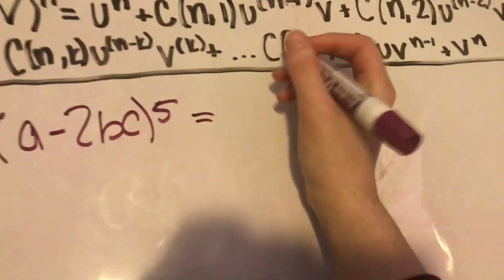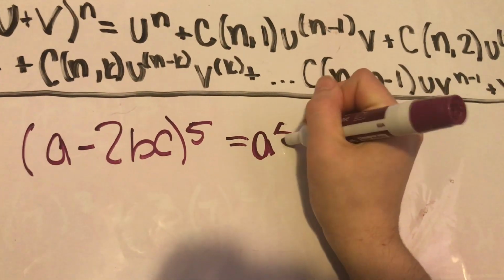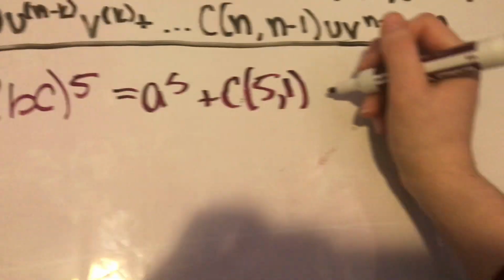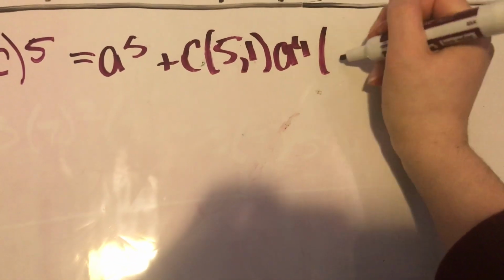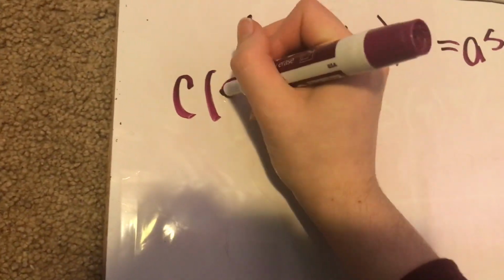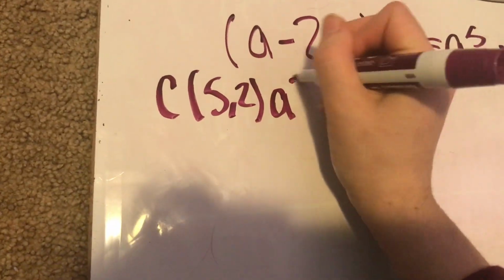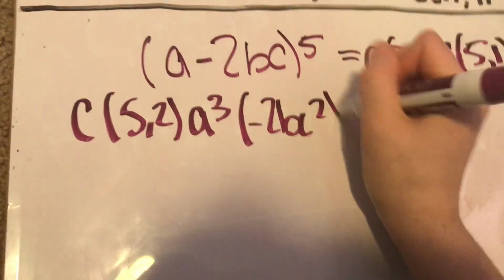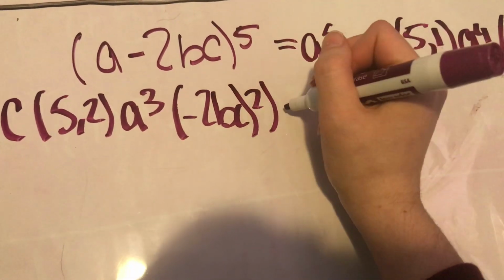Okay, so this would be a to the fifth plus C(5,1) times a to the fourth times (negative 2bc) to the first plus C(5,2) times a to the third times (negative 2bc) to the second. Sorry, that should be out there.